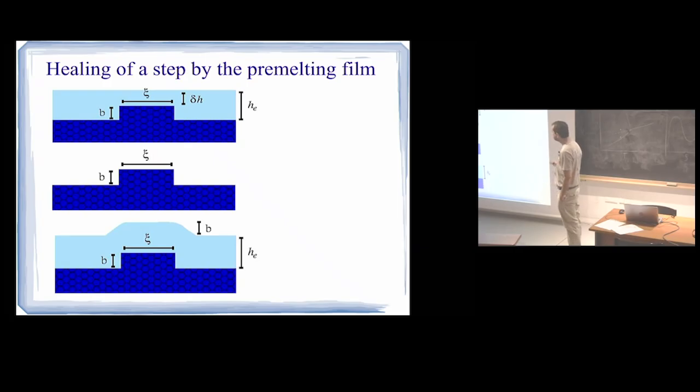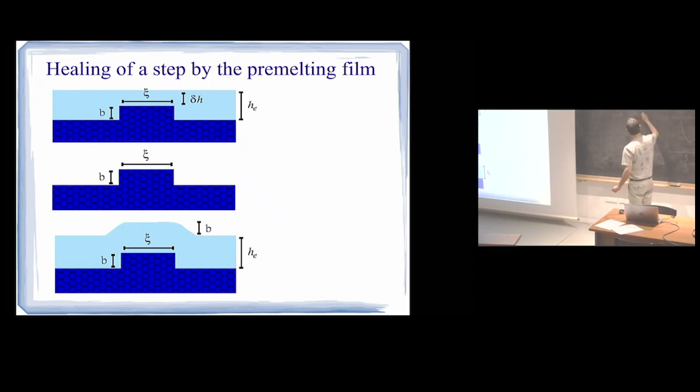But actually, along the path of the step, I am not at the equilibrium film thickness. So how do I account for that kind of free energy? That's precisely the role of the interface potential. So my free energy here is going to be the interface potential as a function of the film height.